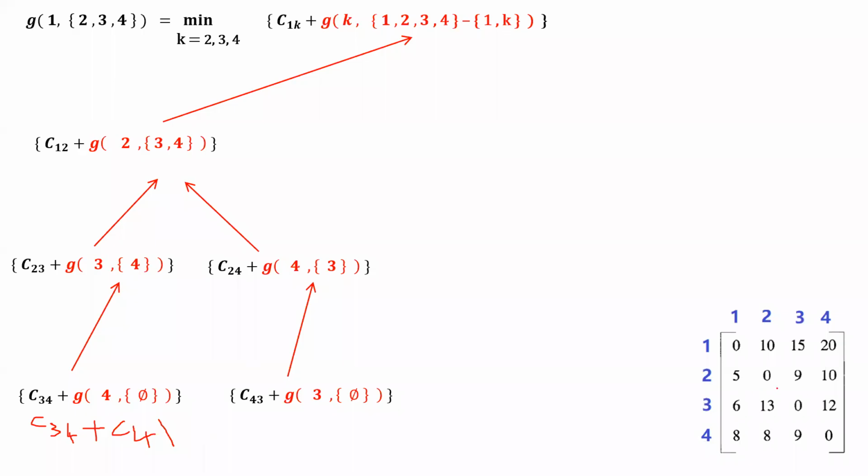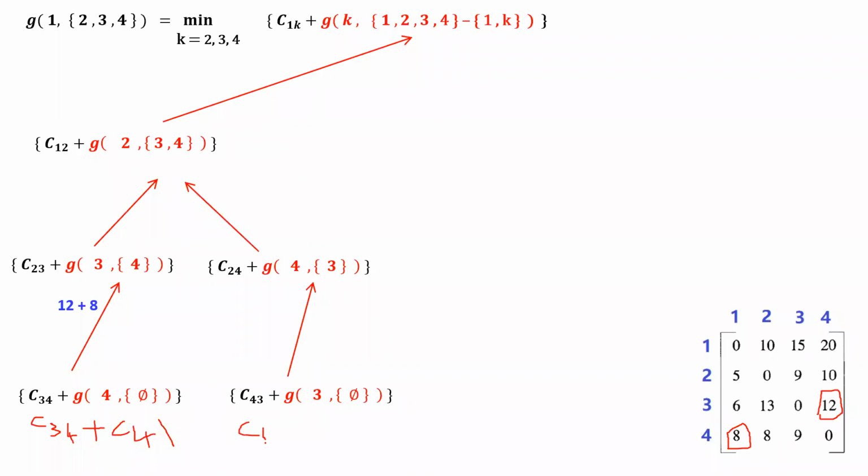So C34 is 12. C41 is 8. So the value that comes here will be 12 plus 8, which is 20. In the same way, this also I'll try to calculate.